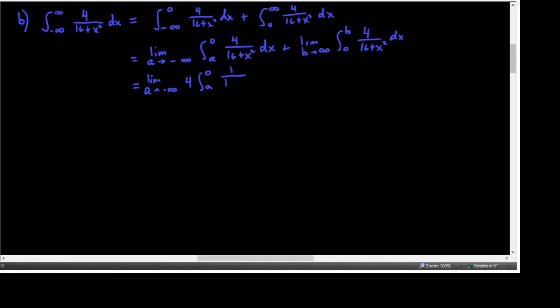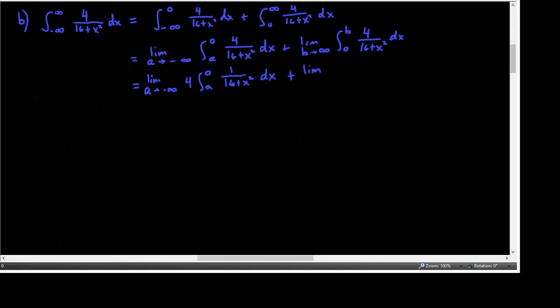And then I'm thinking, is this one of my basic 20 indefinite integrals, antiderivatives that I know, or is it not?